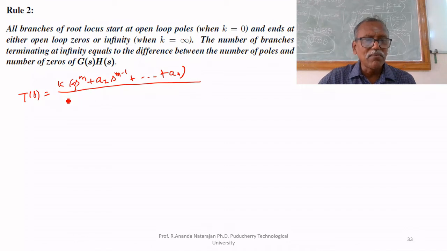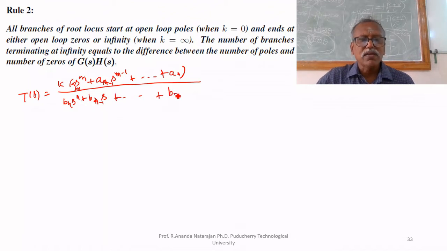The denominator polynomial will be B1 S power N plus B2 S power N minus 1, and so on, plus etc., up to B0. So what is the order of the system?